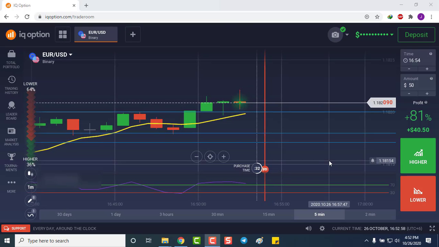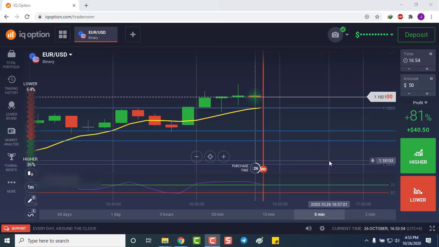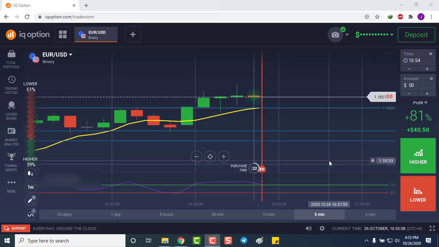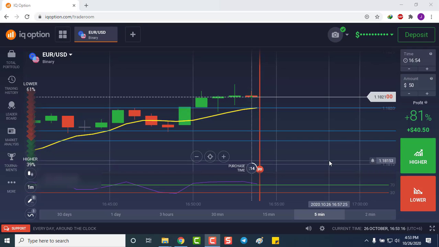On the other hand, those of you who are total beginners and don't know how to draw or identify support and resistance levels will get at least a 70% winning ratio by just following my PP Trend Crasher strategy or formula.